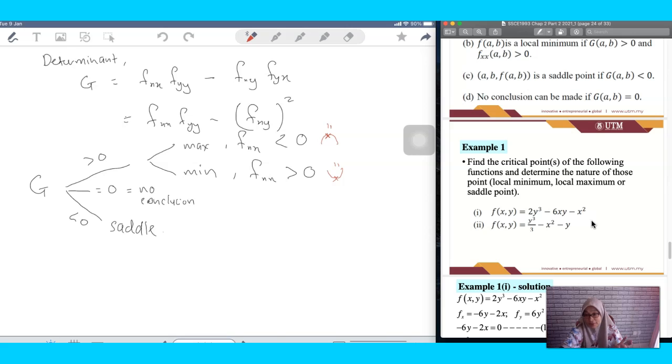Without the critical point, you cannot determine whether that point is max, min, or saddle. Find the critical point of the given function of two variables and determine the nature of this point, whether it is a relative or local minimum, a local maximum, or a saddle point. Now we want to work on it.